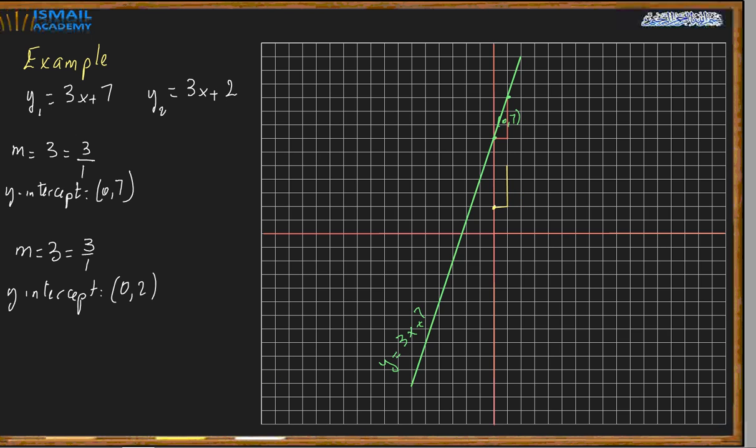Now the location of my second point is here. Now I have 2 points, so I can draw my line. It's here. As you see, the lines are parallel. My equation is y equals 3x plus 2. As you see, the slopes are the same, and the lines are parallel.